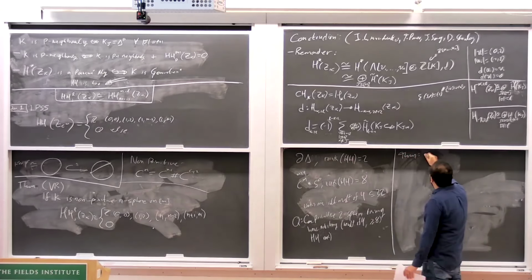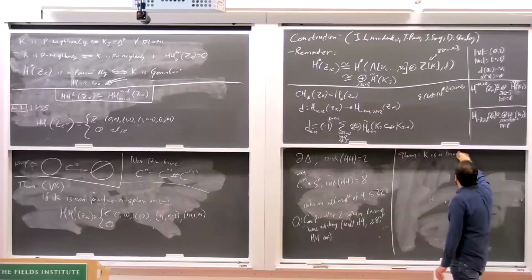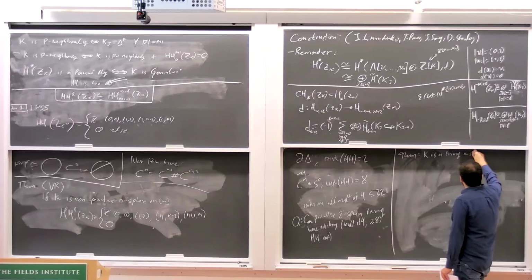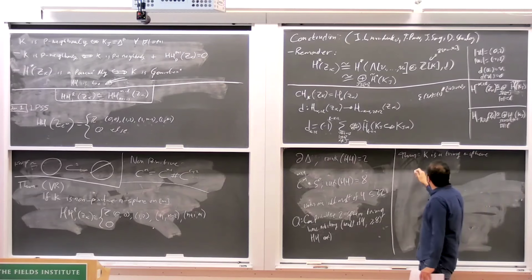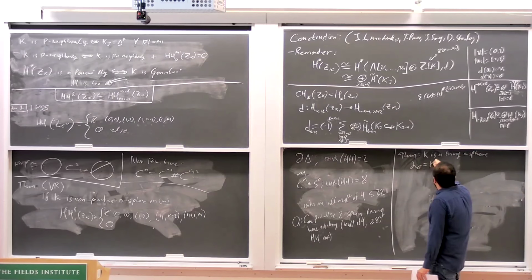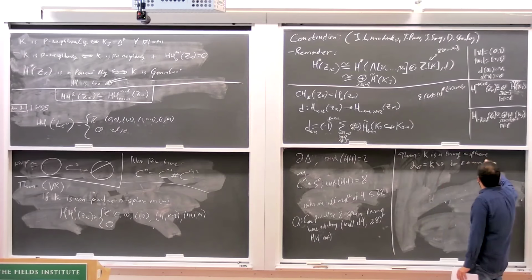Okay, I'm basically just going to state this and that's going to be it. If K is a triangulated n-sphere, then L sub sigma is just going to be K without sigma, for sigma a maximal simplex.